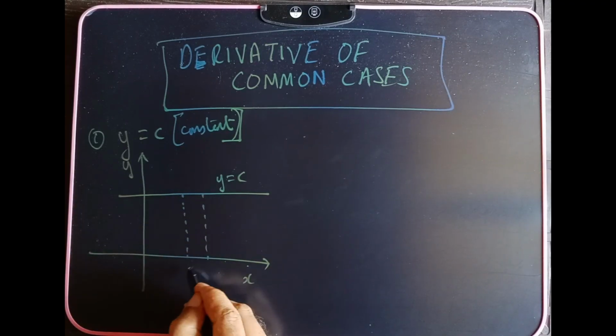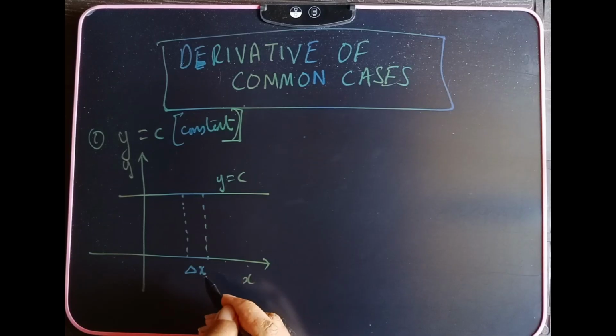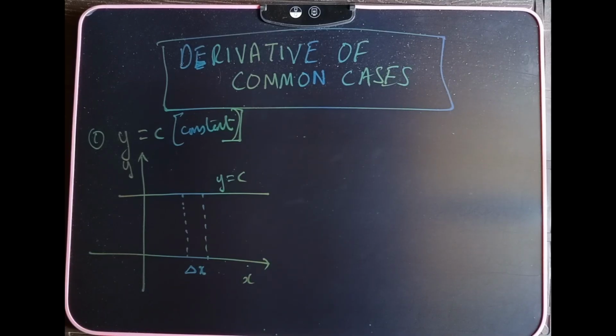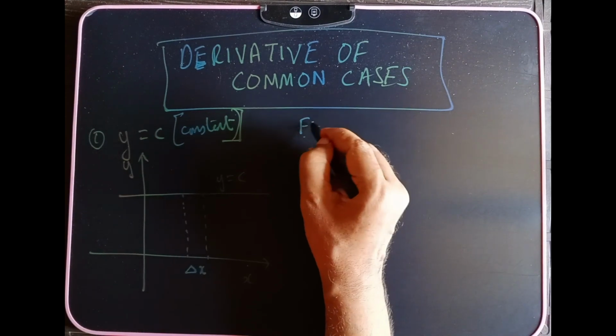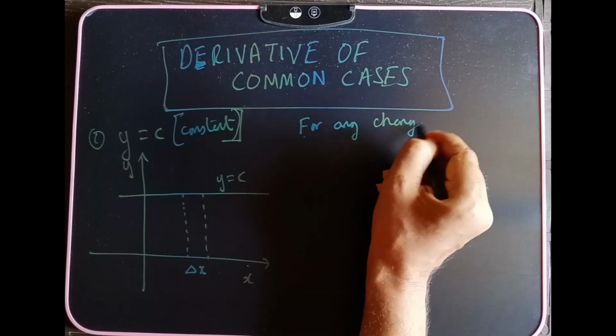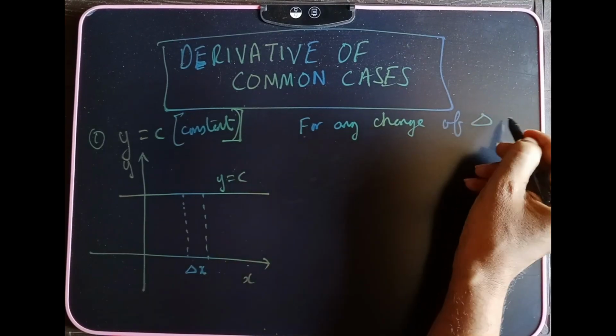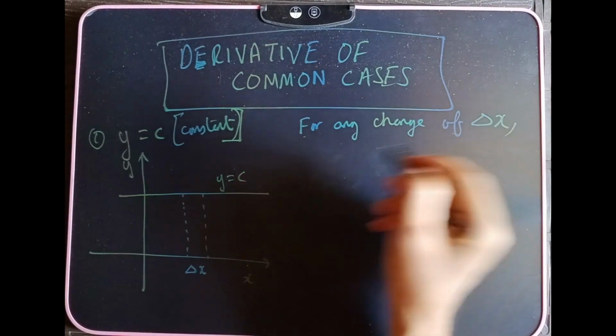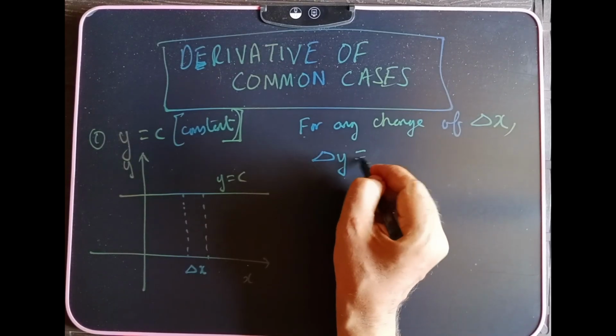For any change of delta x, delta y is 0, right?